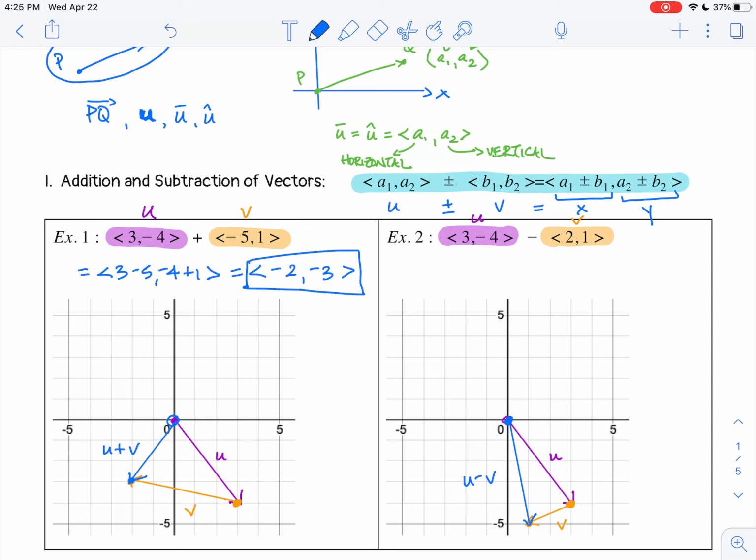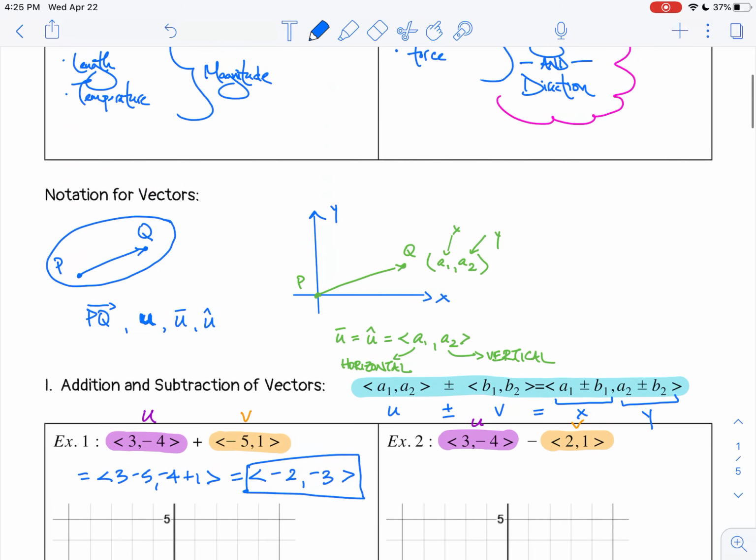So according to my picture, u minus v is equal to, let's see, I went over 1 and I went down 5. Well, let's see if that's what I get when I subtract them using the formula. So 3 minus 2, negative 4 minus 1.